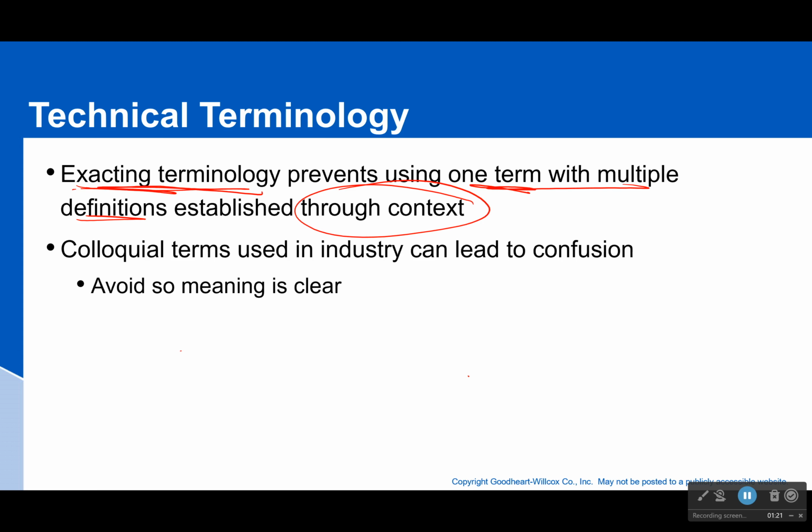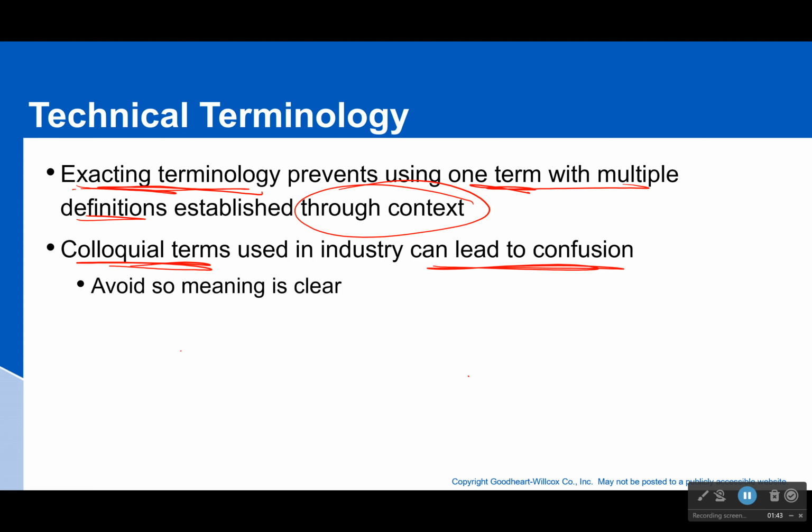Another thing we want to avoid is colloquial terms, okay? Turns of phrase. But this can lead to confusion. There's a really good example: a turn of phrase like "it'd be a piece of cake."